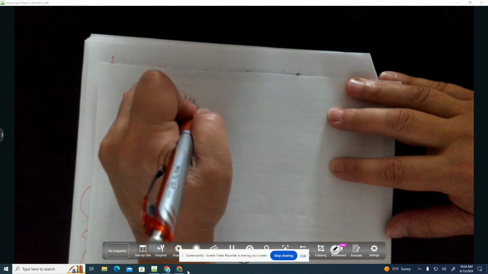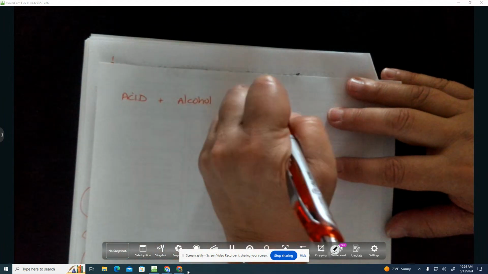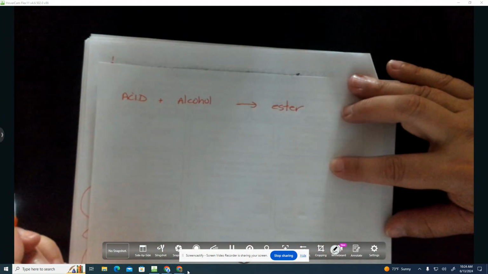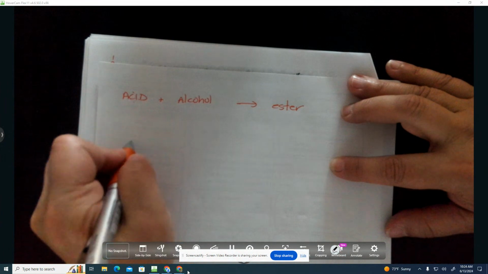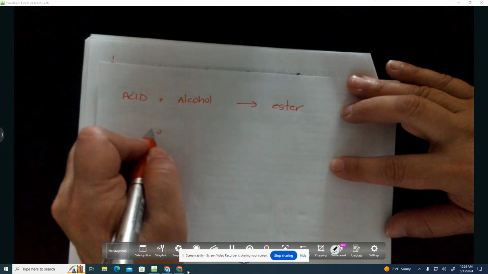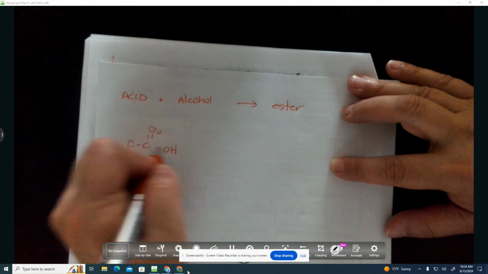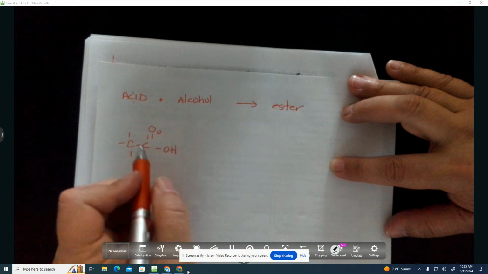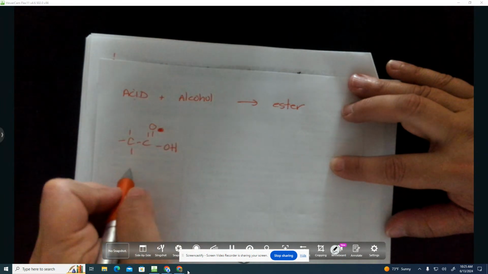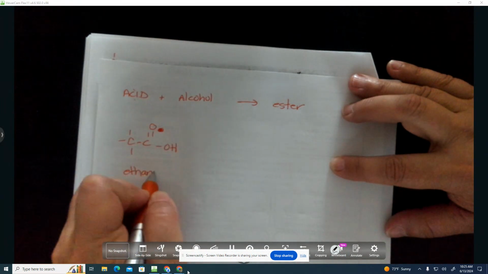If you have esterification, you are making an ester. An acid plus an alcohol make an ester. Acid, let's take C double bonded O, OH. Let's take ethanoic acid.